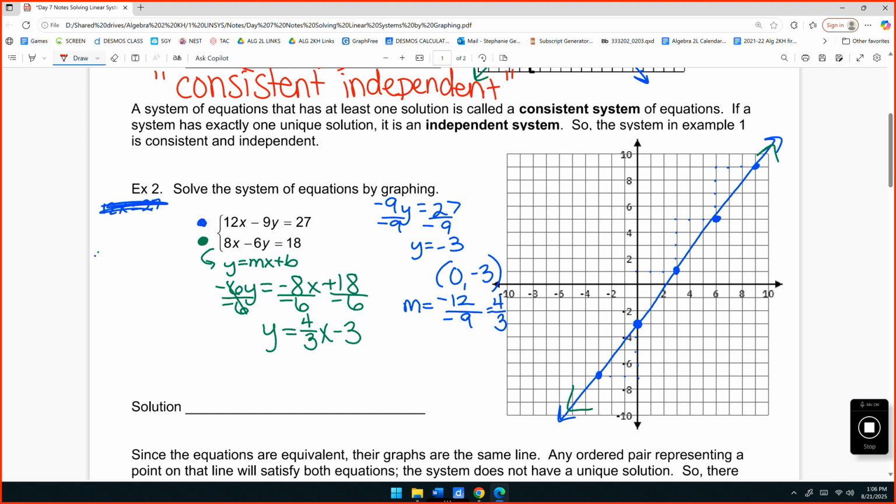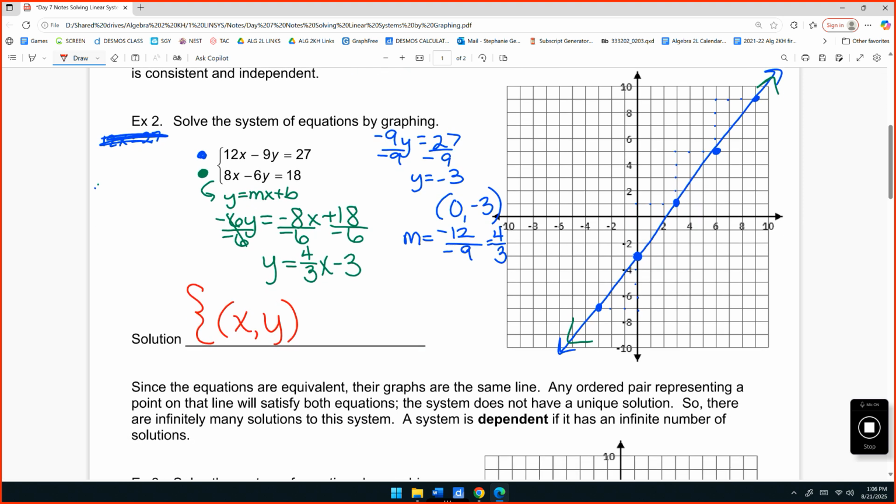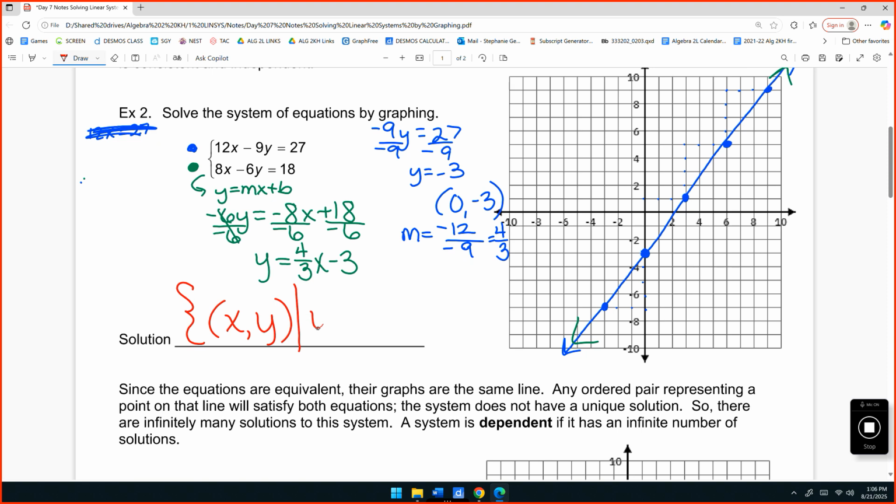They probably don't because they don't do set notation. Okay, so we're going to open our solution set, right? Our solution is all the points x comma y. So we're going to say x comma y in our little ordered pair such that those points live on the line y equals 4/3 x minus 3.